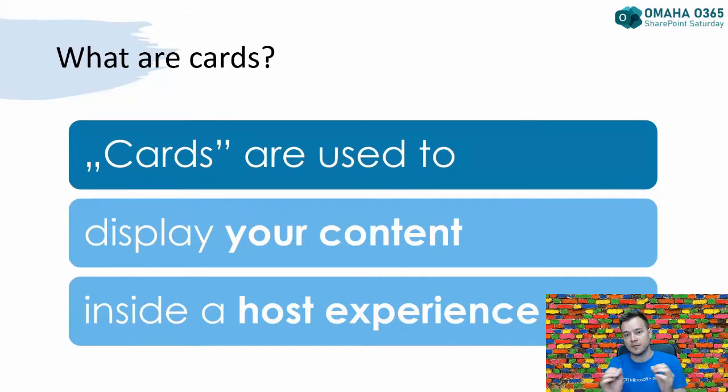So put, for example, an image on the left, text on the right, put a table, some links, some buttons, some fields. But don't focus on colors, paddings, margins, font families or font sizes. All those things that make this content look and feel like it is a part of the overall user experience of the host where it is being displayed, because this is what the host takes care of.